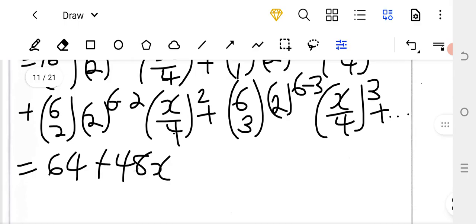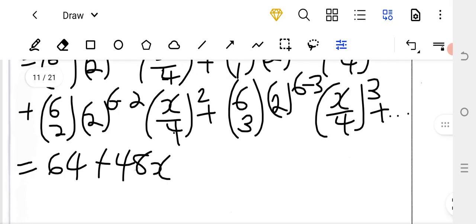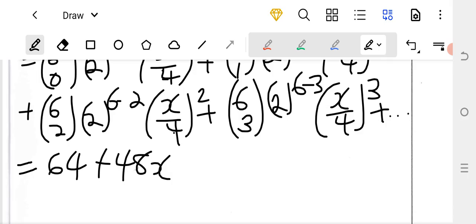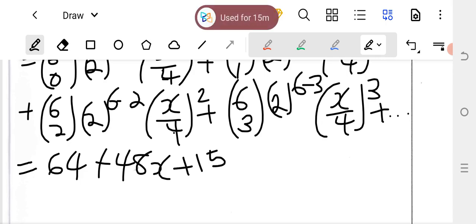That one you can type it on your calculator. I don't know if you have mastered Pascal's triangle. If you have mastered Pascal's triangle, good for you. You can use the numbers in your head. So it's on the calculator, 6 combination 2 is going to give you plus 15. Then 2 to the power 6 minus 2 is the same as 2 to the power 4.